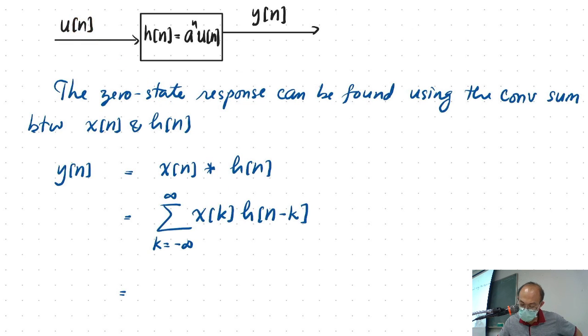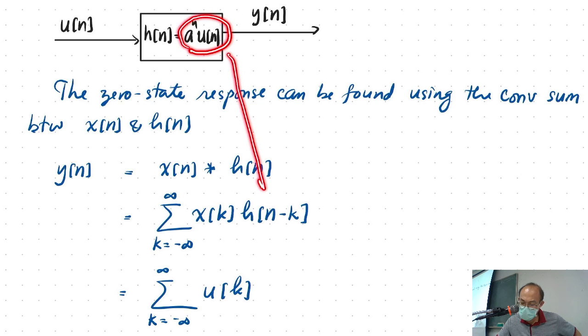So we have the summation going from minus infinity to infinity of u of k. And then h is a to the n u of n, so instead of n, we have to plug in n minus k.